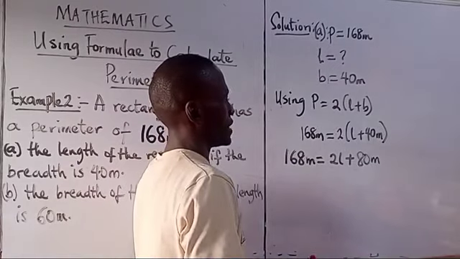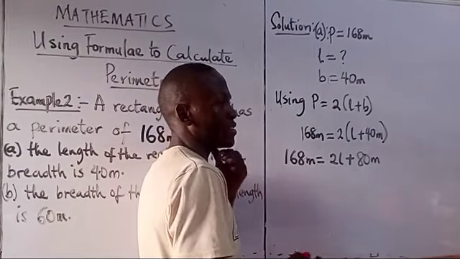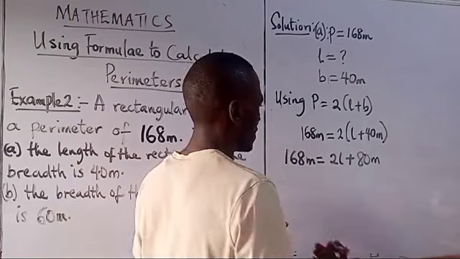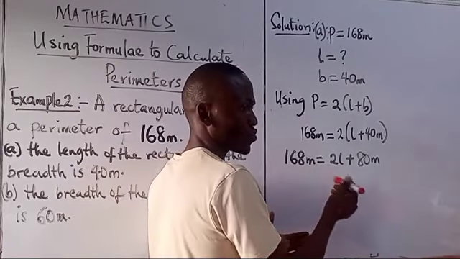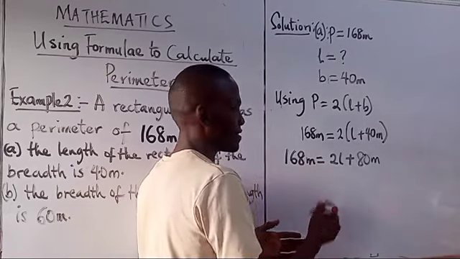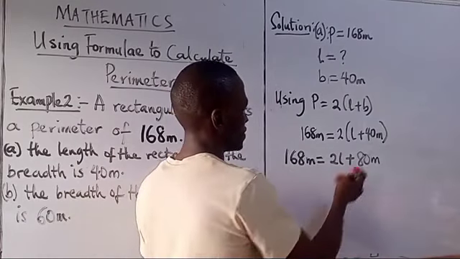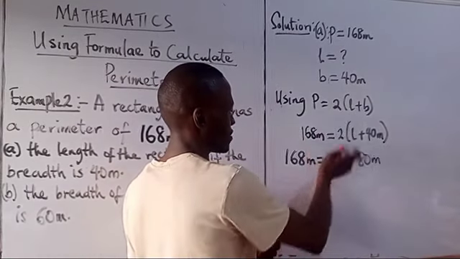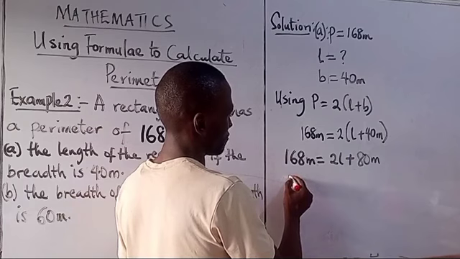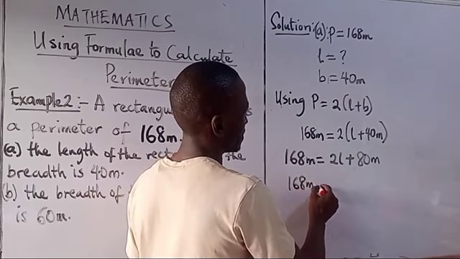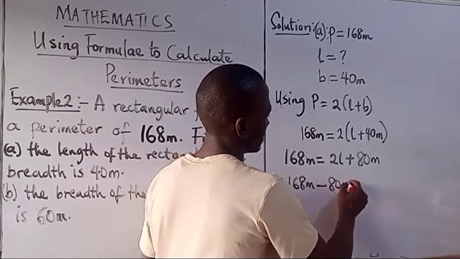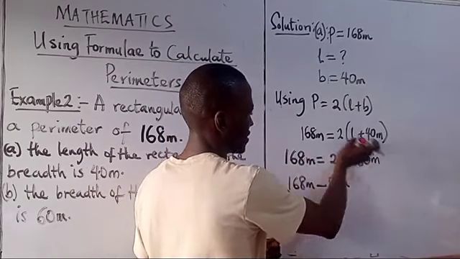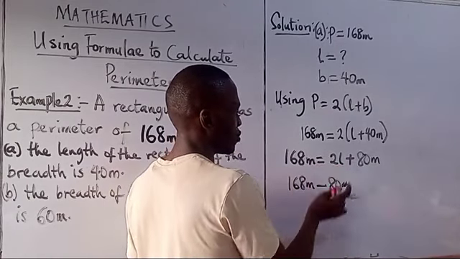Now, we rearrange, connect like terms, and let 2L remain on one side, 80 meters leave that place. The 80 meters crosses the equal sign to the other side. So we're going to be having 168 meters minus 80 meters. Of course, the plus sign changes because it is crossing the equal sign.